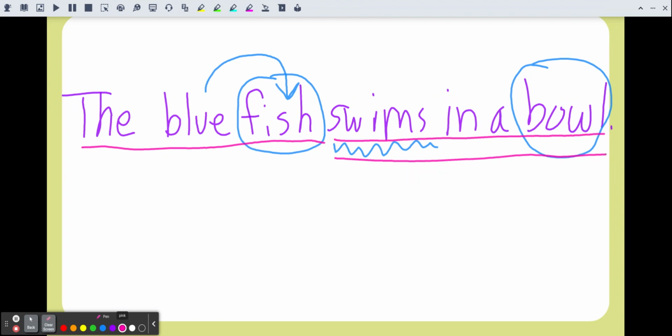The word bowl is a noun, but it is a part of the predicate. There are many nouns in this sentence, so you can't assume a noun is always in the subject of a sentence. So which comes first in this sentence, the subject or the predicate? If you said the subject, you are correct.